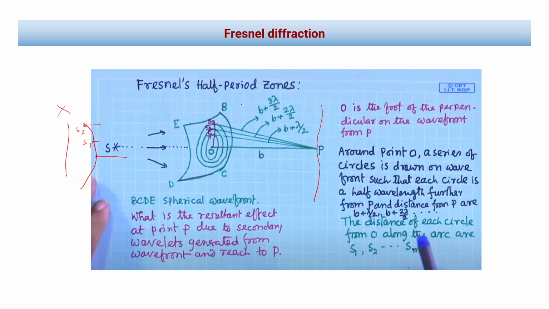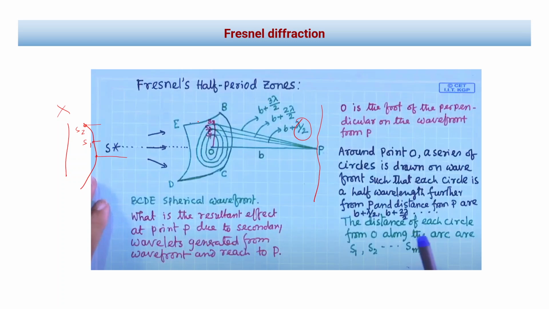So what are these distances? They are B plus lambda by 2, then the next one is B plus lambda by 2 plus lambda by 2, that is B plus 2 lambda by 2, then the next one is B plus 3 lambda by 2.